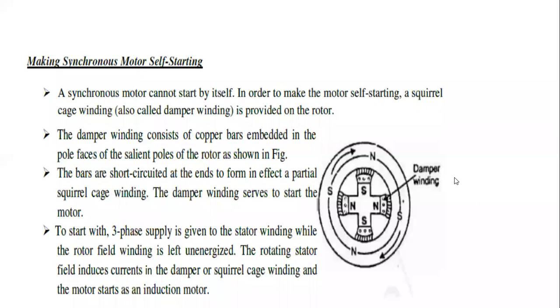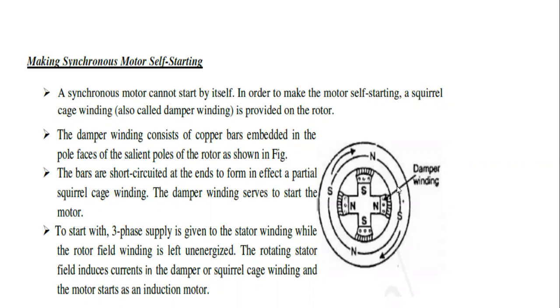That damper winding is provided on the rotor. The damper winding consists of copper bars embedded in the pole faces of the salient poles of the rotor.